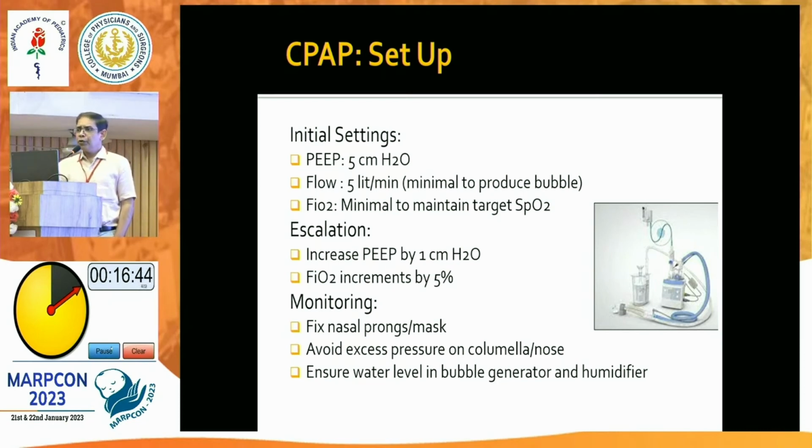And FiO2, we have to have a targeted SpO2 just to make sure the child needs minimal FiO2 to reach the targeted SpO2. And how do we increase the support? You can do it by increasing the PEEP by 1 centimeter at a time, or you can increase the FiO2 by 5 or 10% each time.